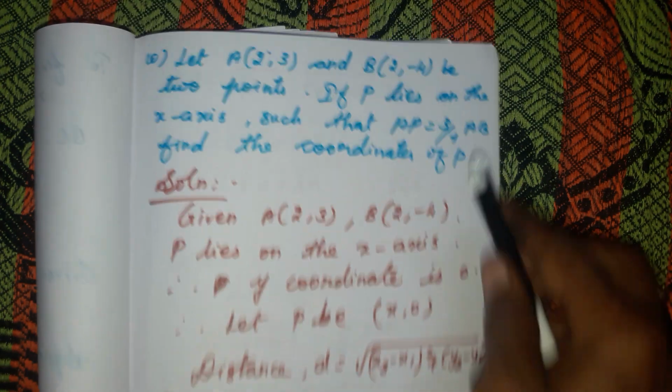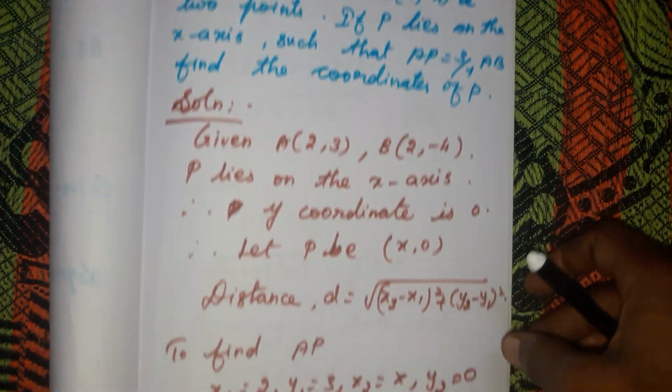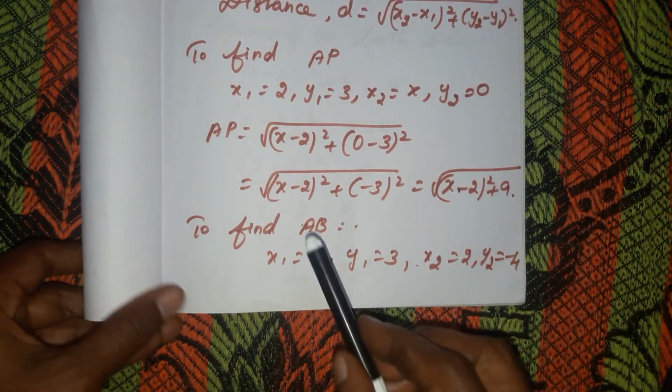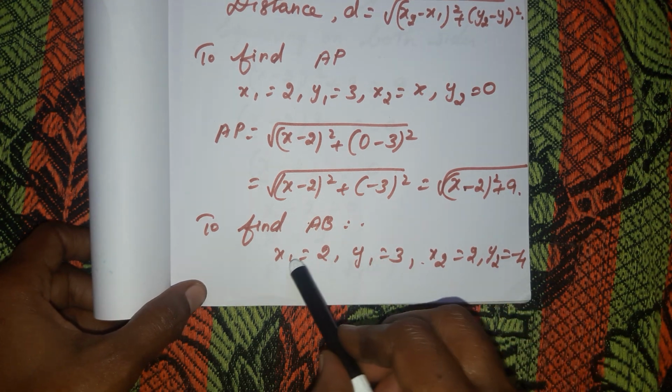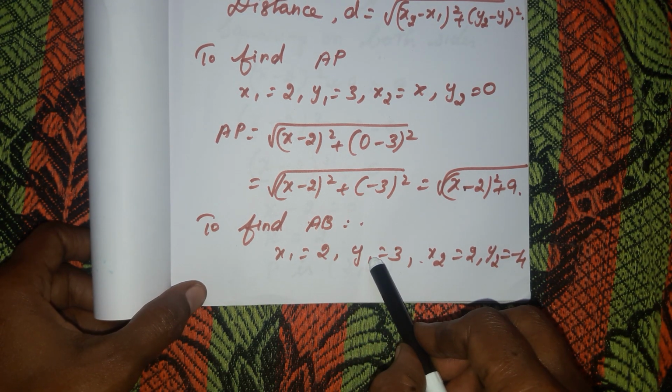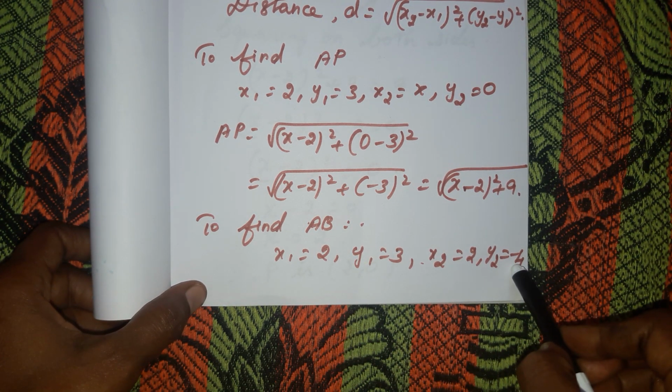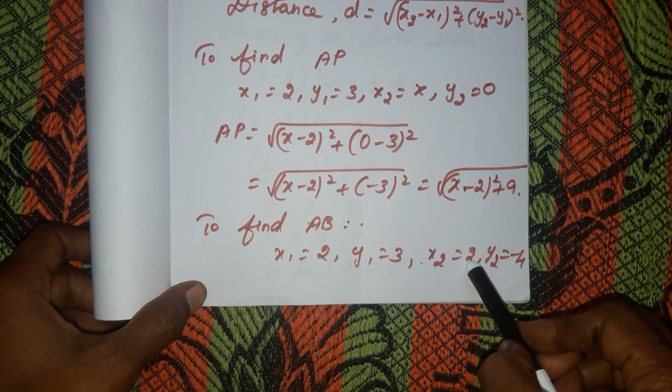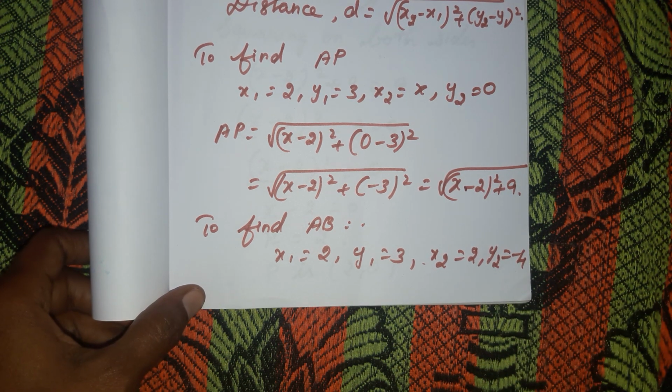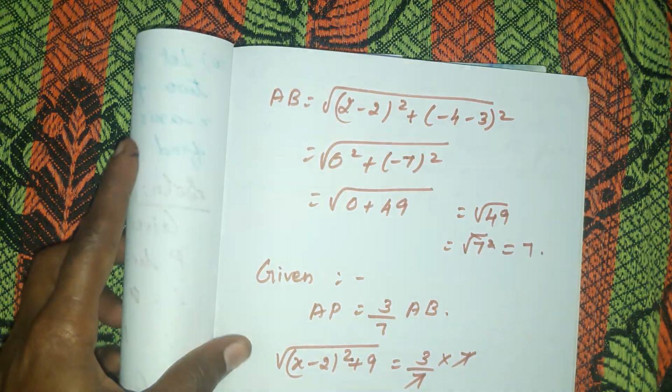Next, we need to find out AB. To find AB, A point is (2, 3), so x1 is equal to 2, y1 is equal to 3. B point is (2, minus 4), so x2 is equal to 2, y2 is equal to minus 4.